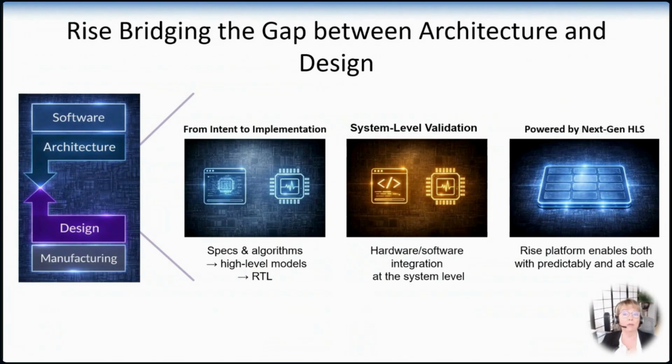We bring all of that up into system level validation, so you don't have your hardware separate from your system validation or wait too long. We do that with hardware-software integration at the system level, which we're talking a lot about today. And again, it's powered by next generation high-level synthesis, which is essentially the platform that enables us to be both predictable and scalable.